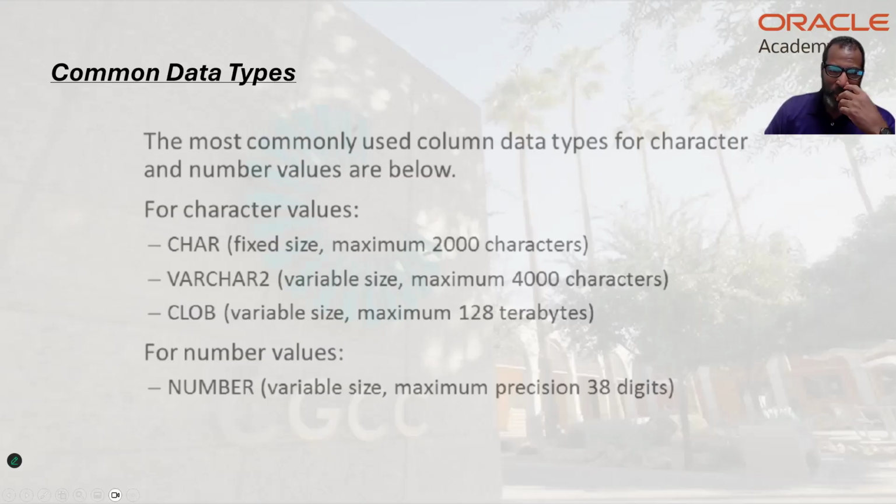So as I said, here are some common data types. The most commonly used data types for character are char, varchar2, or clob. That's large data. That's something new created by Oracle. Yes, it is actually called clob, C-L-O-B. It's a variable size, maximum 128 terabytes. So that's quite a bit of data. And then number is just number, 38 digits.